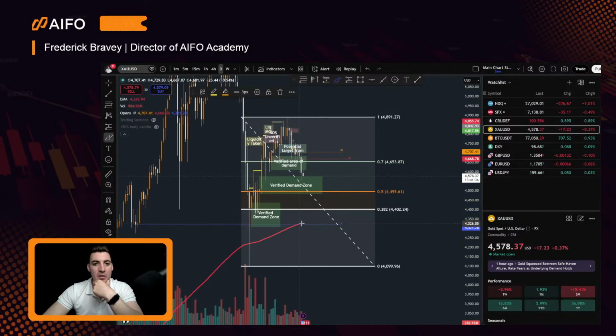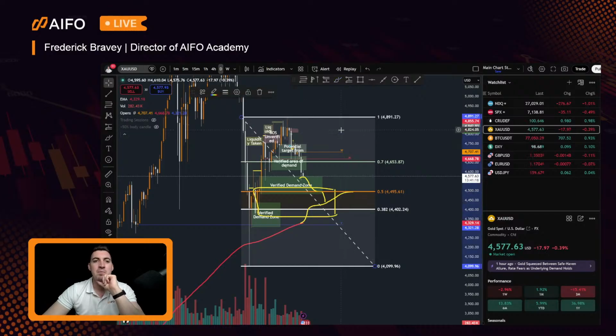I think the 200 EMA would do something like this, and we'll see a bounce. If a reversal was going to happen, this might be the location I would be looking for that long, if that makes any sense, right?